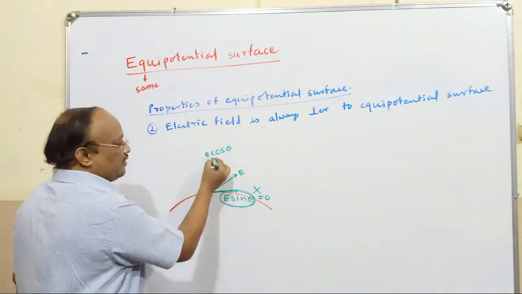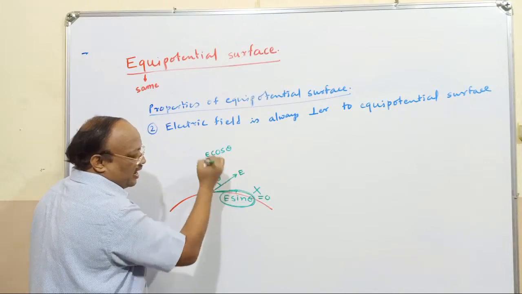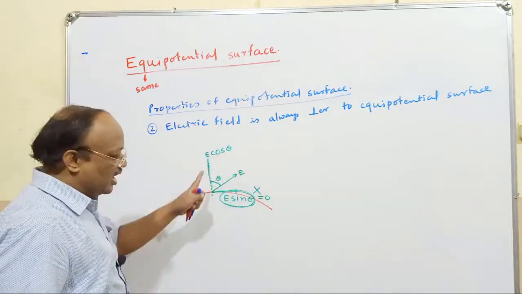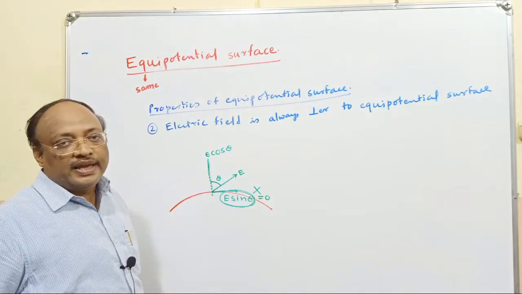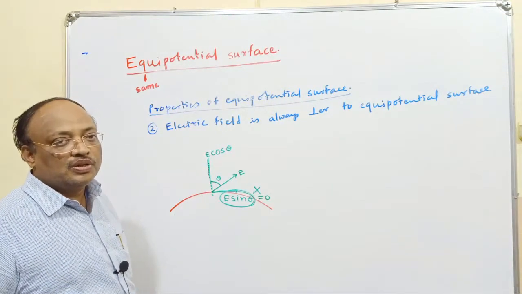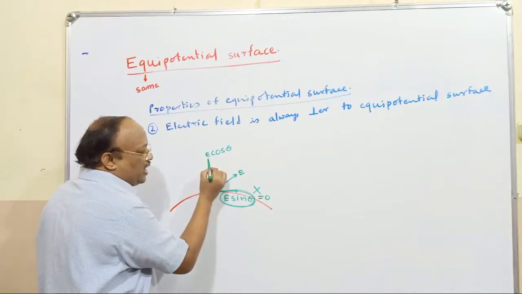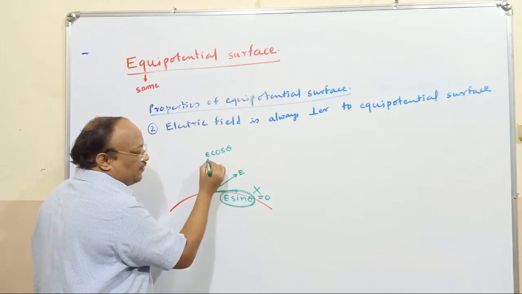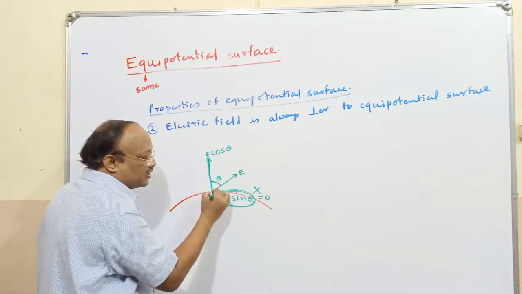If it is making any angle in between, then there will be some E sin theta value. Even if it is making a very small angle, there will be E sin theta. I want E sin theta to be 0. That is possible only when the electric field is completely acting in this direction.